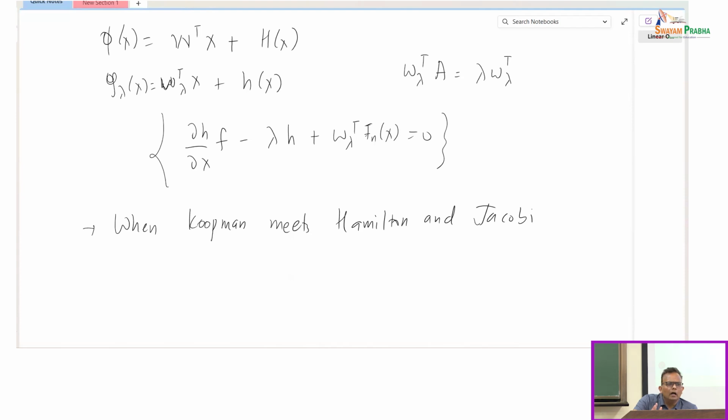Okay? So the next thing I want to talk about is how to do all this control design stuff in a dual setting. Okay, and this work has been going on for the last 20 years. I have some contributions on this.